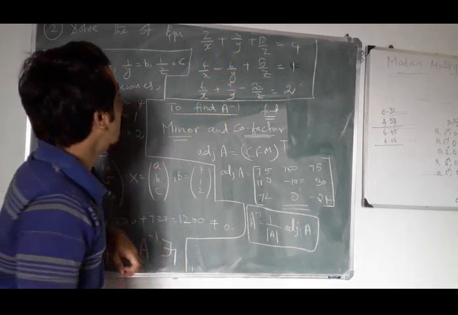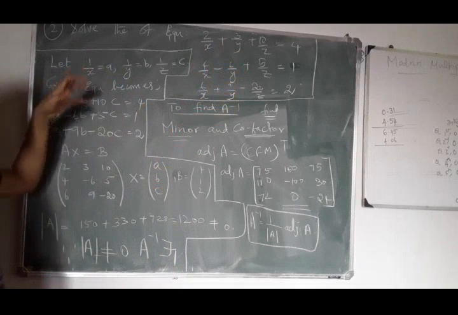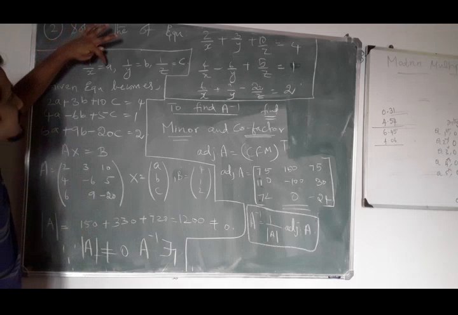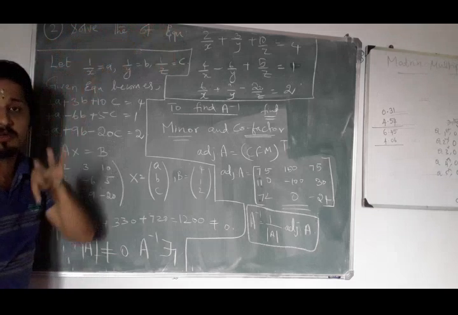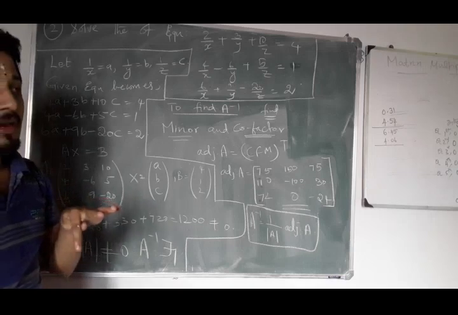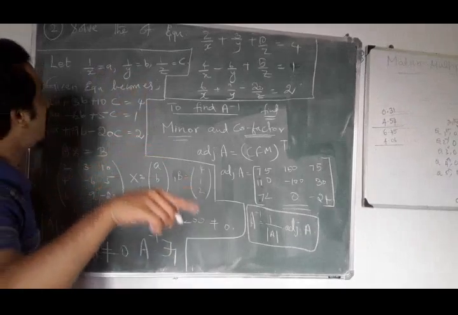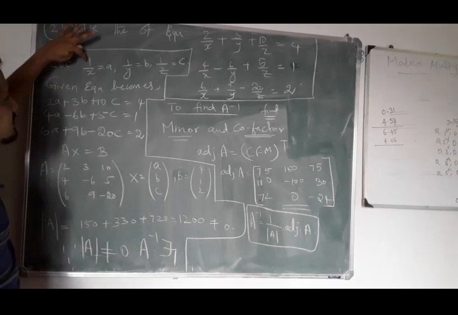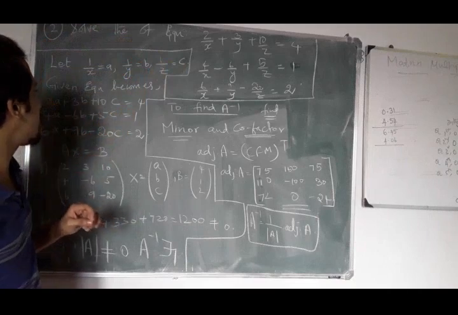Before solving this problem, we are going to consider 1 by x is equal to a, 1 by y is equal to b, 1 by z is equal to c. You can also consider capital X, capital Y, capital Z. Here, for my convenience, I am considering 1 by x is a, 1 by y is b, 1 by z is c.